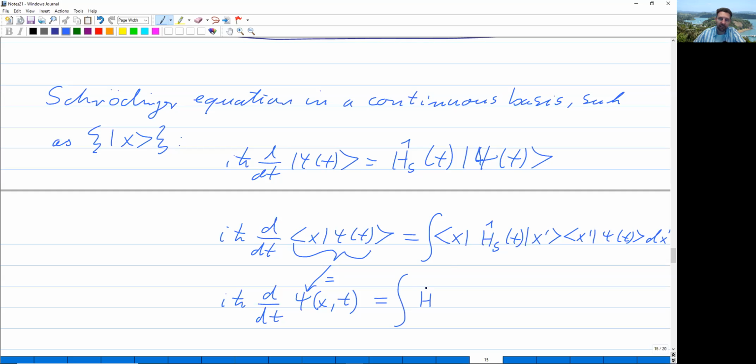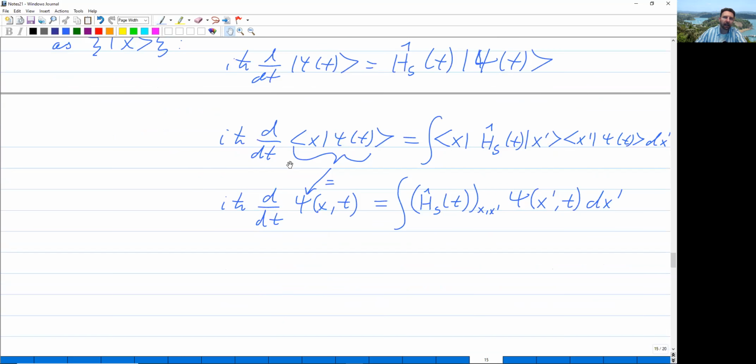So this is the Hamiltonian in the Schrödinger picture of t, and it depends on x and x prime, where just as before, these are indices, but continuous labels, continuous indices, if you still want to view it as a matrix, times psi of x prime and t dx prime.